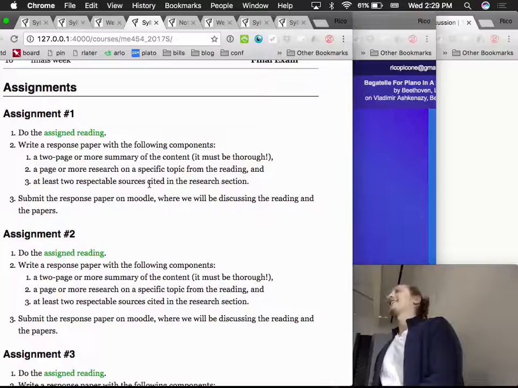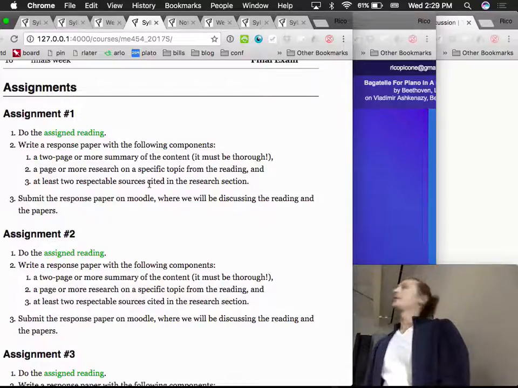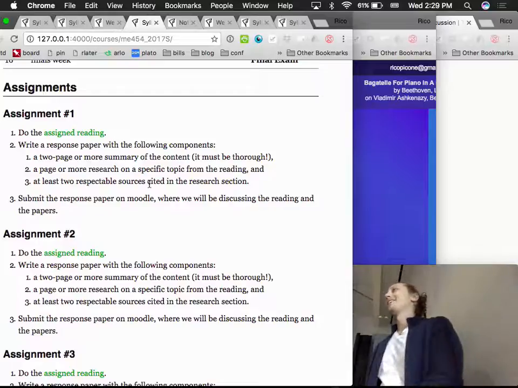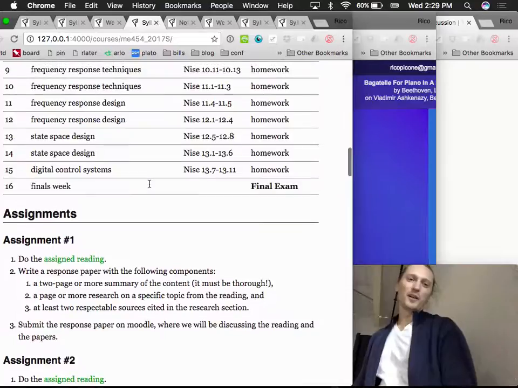It's practically like that. So the moral of the story is do the reading and get ice cream. Okay, and then we'll go from there.